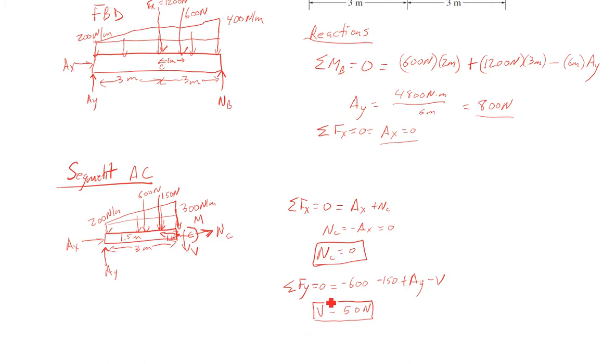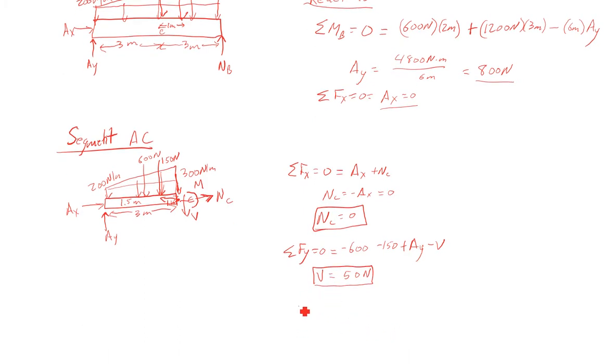And then last, sum of the moments around C equals 0. So AY is going to be a negative moment. So I get negative 3 times 800 for AY. I have 600 times 1.5 meters for this part of the distributed load. I have plus 150 times, that's acting 1 meter away, and then M is going counterclockwise, so we have plus MC.